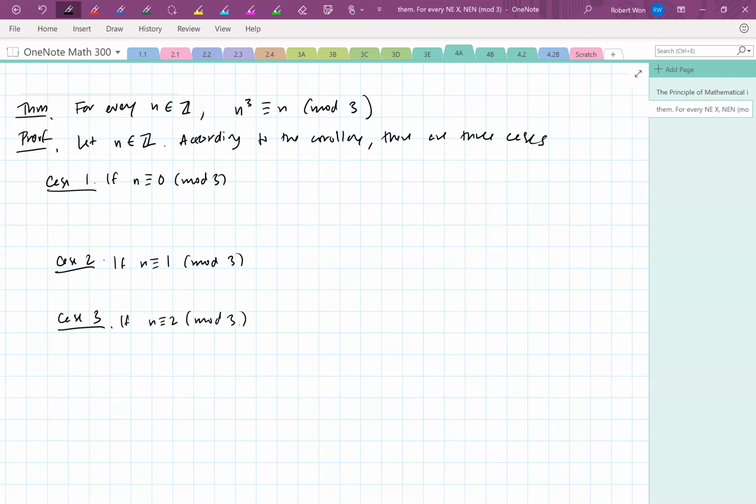Maybe I should make these cases 1, 2, and 0, but we've come too far. Right, but now it's clear that every possible situation is covered here by the previous theorem. So these cases really do cover everything.